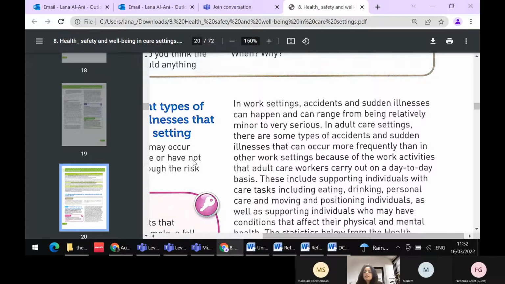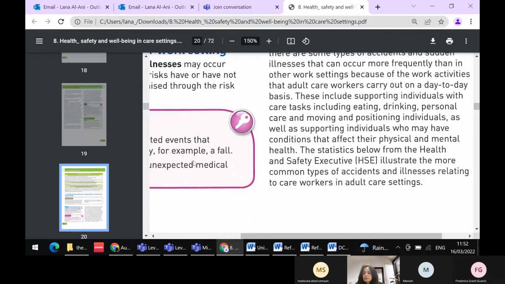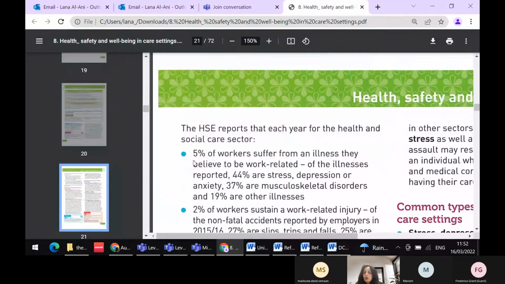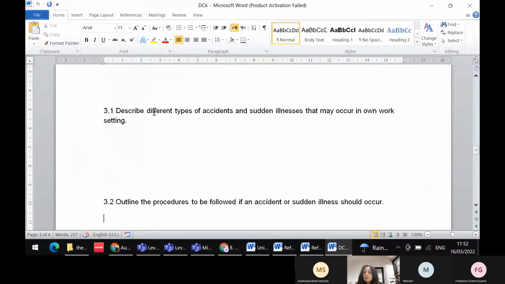Is it regarding drinking, eating, moving for the people you care for? Is it physical, mental? So we need to find out more about these accidents and illnesses. So if we were going to describe different types of accident, let us go to different types of accident.